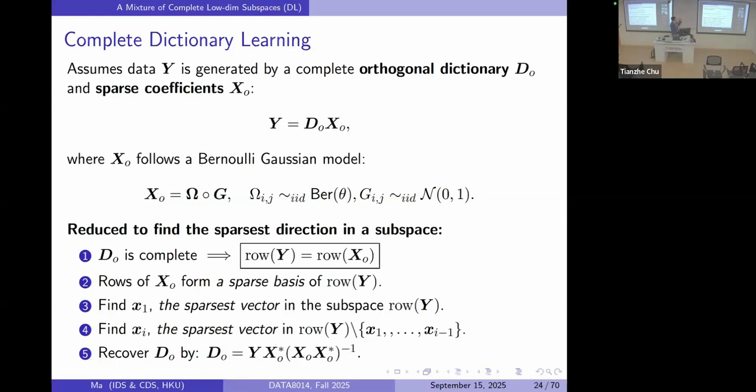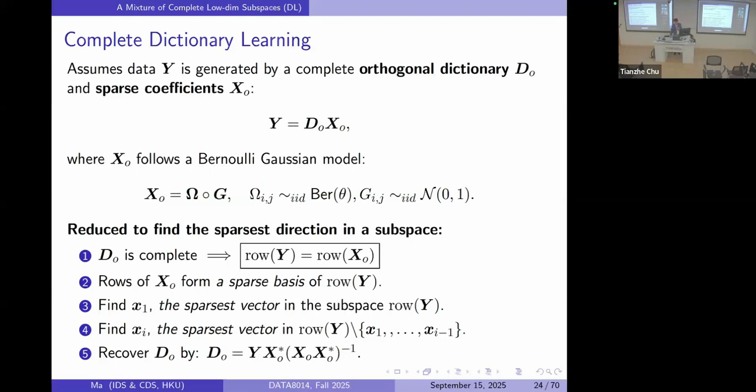Therefore, the rows of x span a subspace in R^p, where p is very large. The rows of y span exactly the same subspace, because they are linear combinations of these row vectors. So those sparse vectors are hidden inside the subspace spanned by the rows of y.